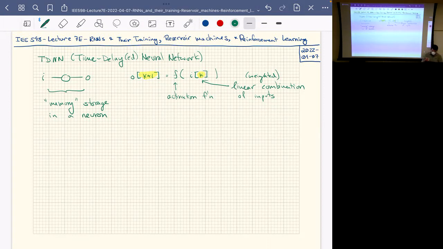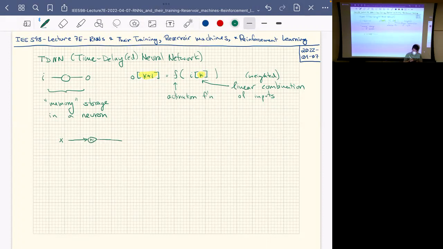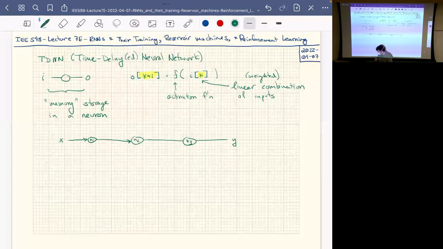I gave a simple example where I've got an input, say X, that goes into H1, which goes into H2, which goes into H3, and that is my output coming out of H3. I also patched H1 to H3.